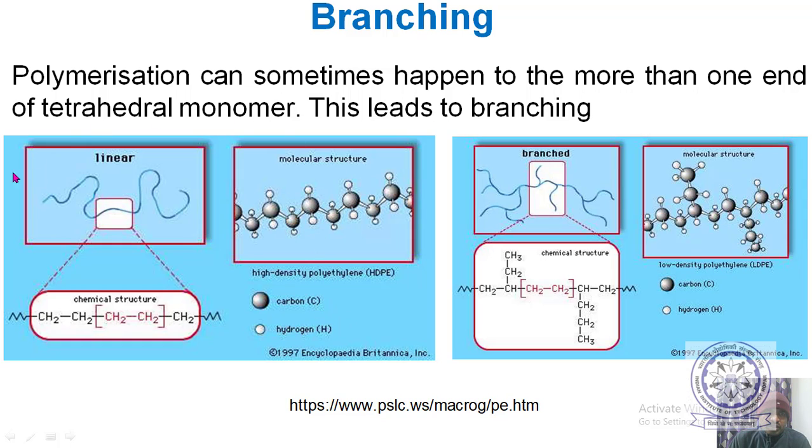So this is a linear structure, and the branched structure looks like this. Whenever there is a branching CH2, the last one is CH3 because it has to terminate. One bond will remain, where another H will be there. So this is how the branching will be there in the polyethylene.